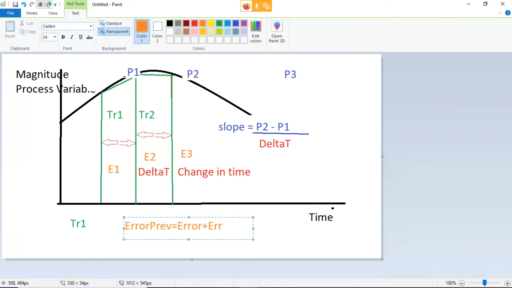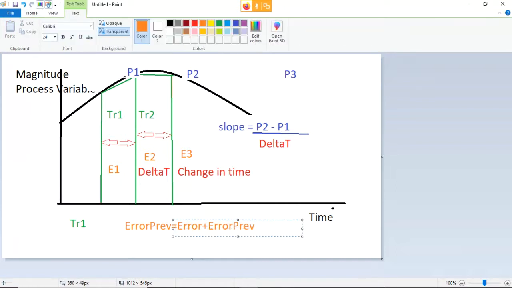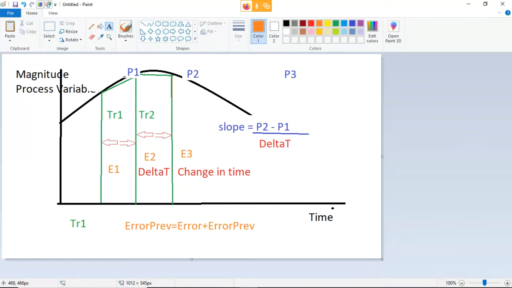And I forgot this piece, error previous. Okay, I don't have this equation in mind, because you need to be adding this up. So it adds and adds and adds, as I said before, it's going to grow and grow and grow. So it's like here, and it keeps growing and growing until it drives that system.